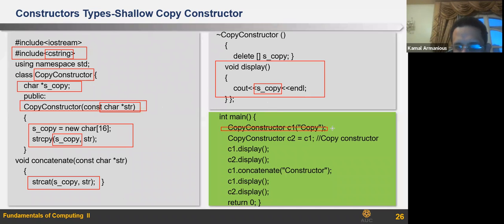In int main, copy constructor C1 copy. So what does it do, Ibrahim?